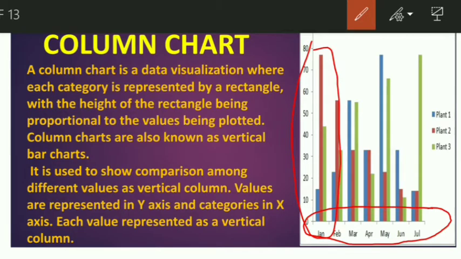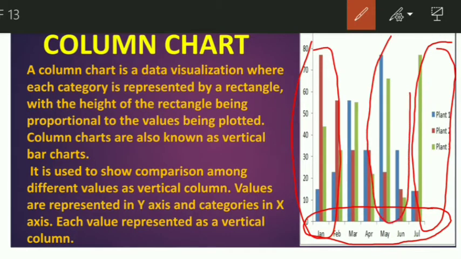The other difference is that the bars are in a vertical position. So those are the two differences between bar and column chart.